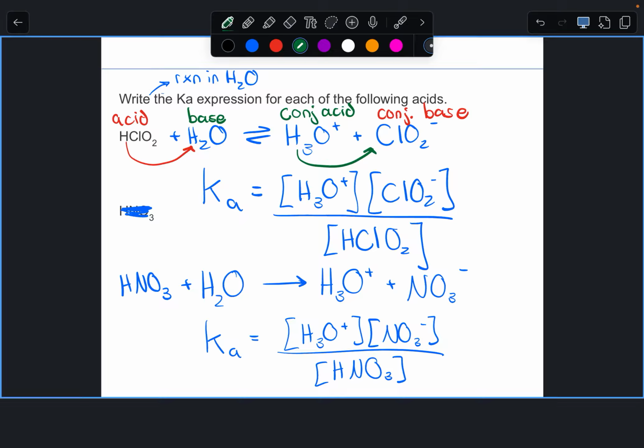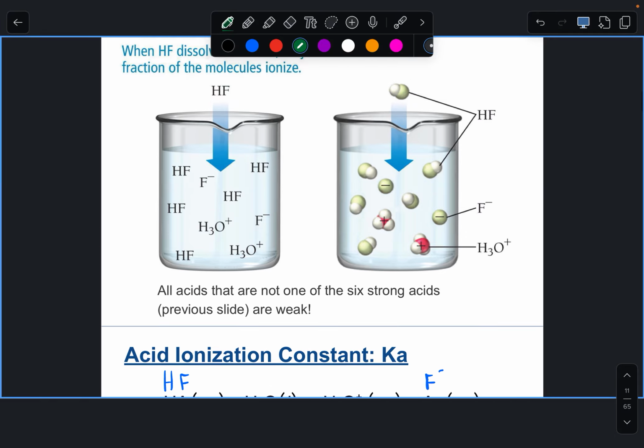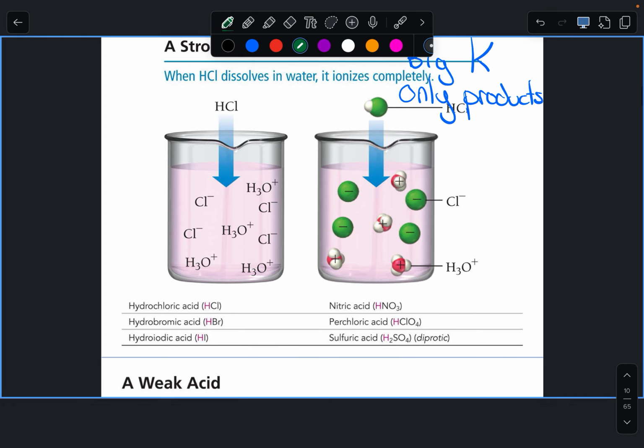The other thing that you should take notice of, and is a good reminder, is the fact that the top one, I wrote a double arrow, and the bottom, I wrote a single one. We're getting to the point where you guys should be able to know when you should do double versus single. So if you remember, these are our 6 strong acids.